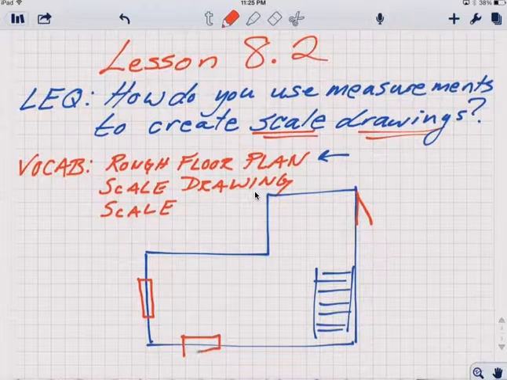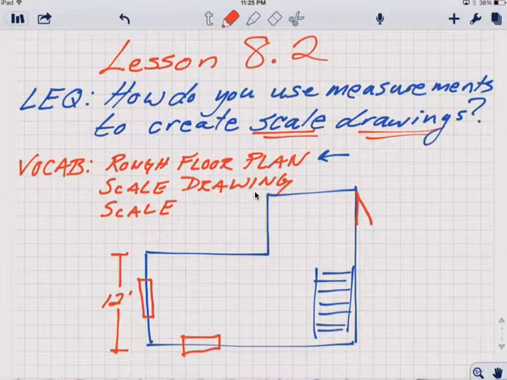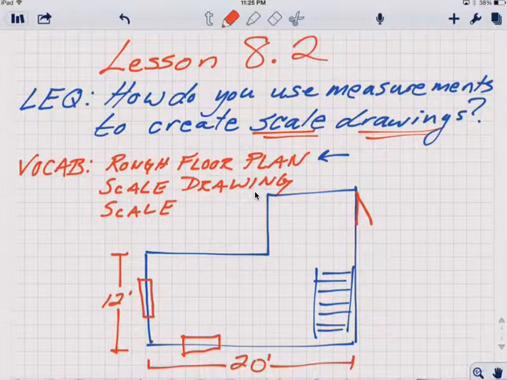Now, on a rough sketch, you also want to have some dimensions. I'm not going to measure my room right now, but I'm going to put my best guess on this. I think this wall over here is about 12 feet from this side to this side. This long side is about 20 feet. This is also about 18 feet, a little shorter to go this way.